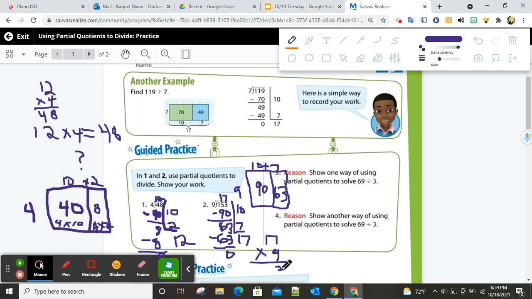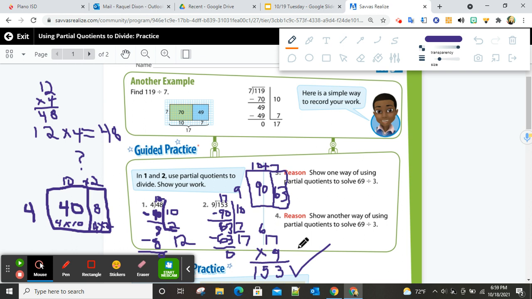I write my ones down and then I regroup my 6 tens. 1 times 9 is 9, plus my regrouped 6 is 15. Look at me, I noticed my mistake. I corrected myself, and I know that I have the correct quotient because when I multiplied, I got the dividend.